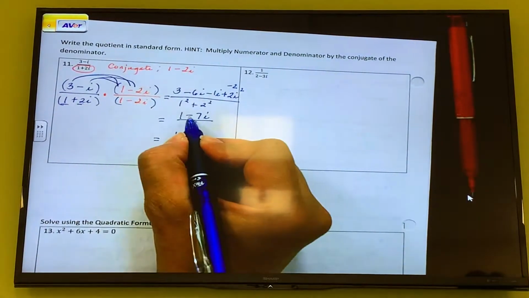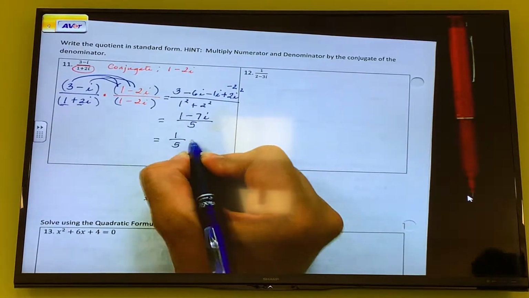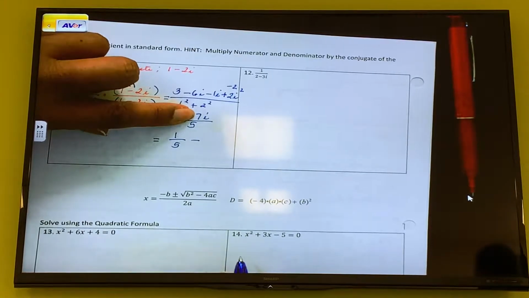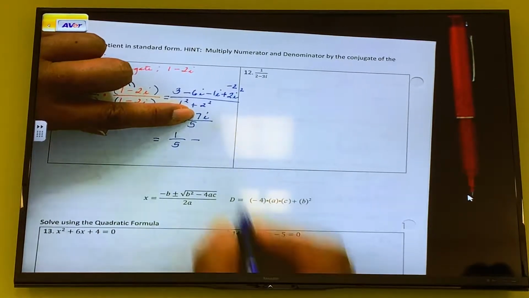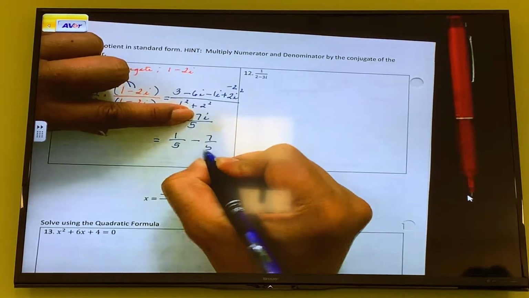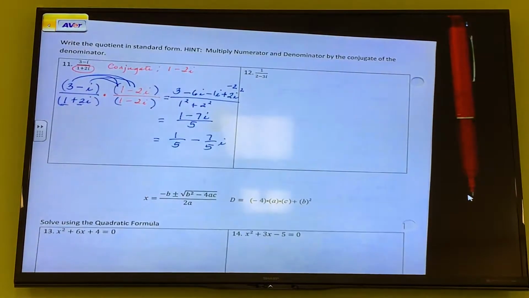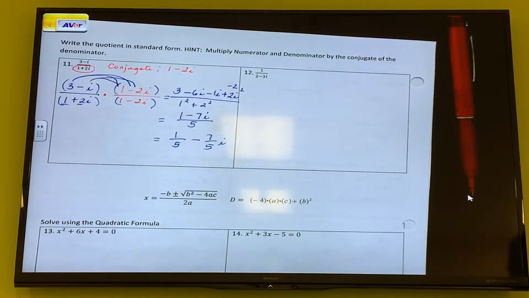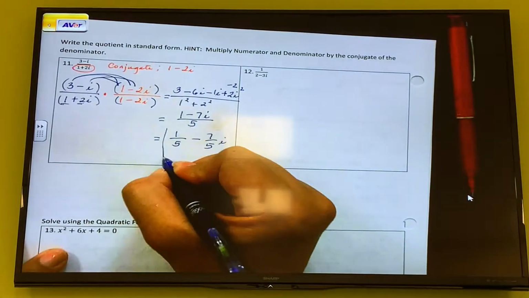Then since it's a minus between them, you're going to put minus between them also. And then of course, it'll be 7 in the numerator and 5 in the denominator. And then the i. Just separate the imaginary from the real. Because all our answers should be in standard form, a plus bi. So this is your final answer.